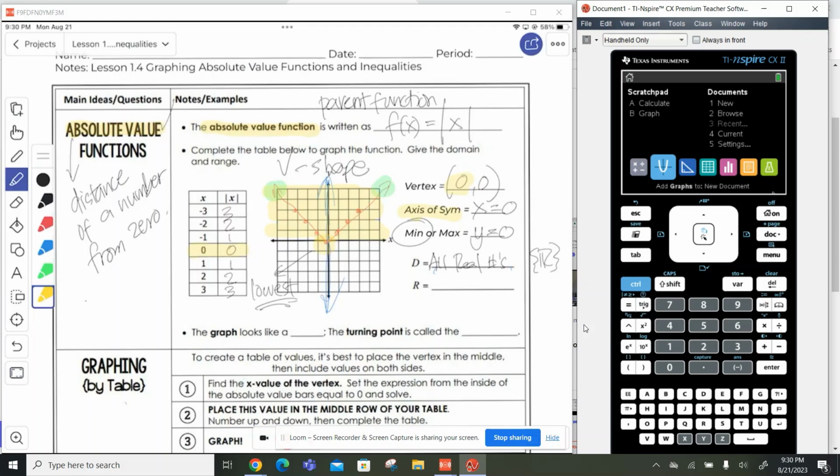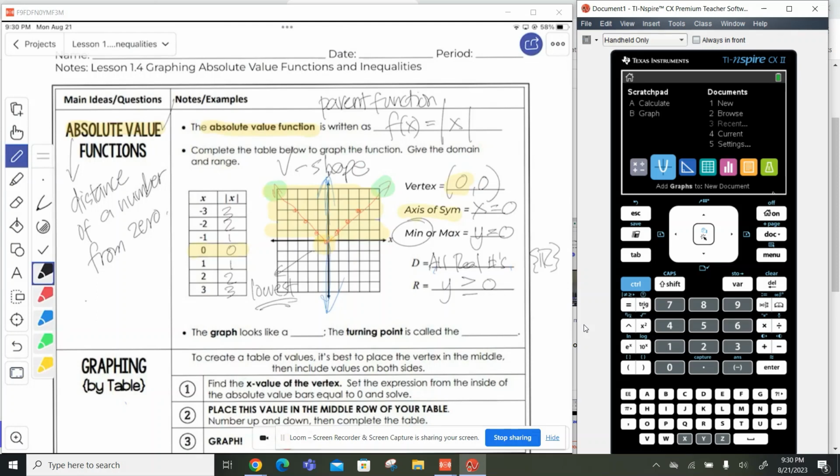There is no part of the graph that is below y equals 0. That tells us the range, the y values, must be greater than or equal to 0.